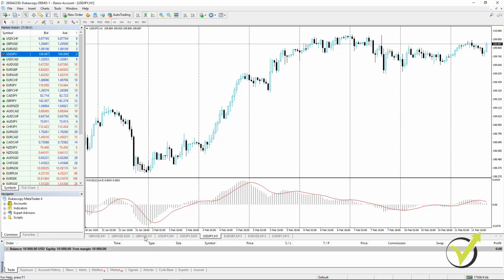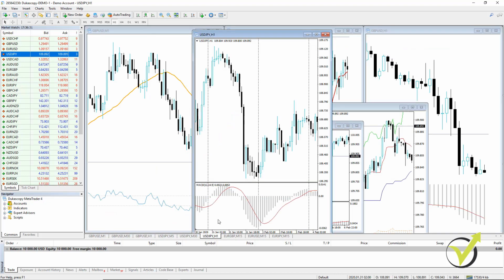So the difference is that the pound dollar strategy follows the trend, and the dollar yen strategy is more of a range strategy, or more of a strategy that aims to buy one more time when the price is cheap and sell when the price is expensive, and you will see how that works.